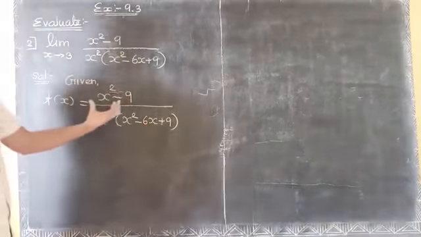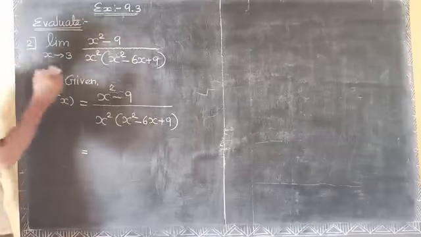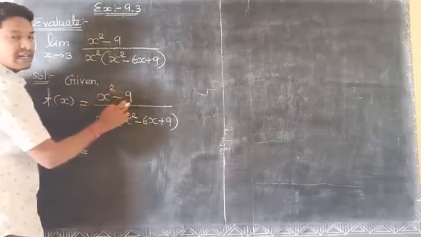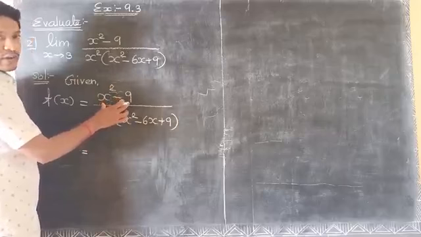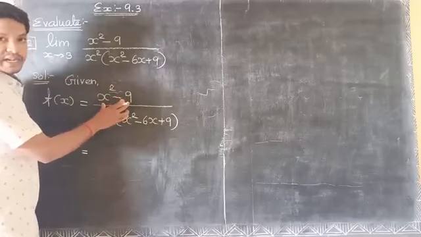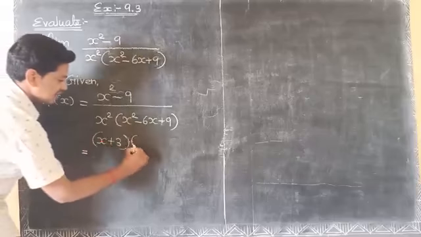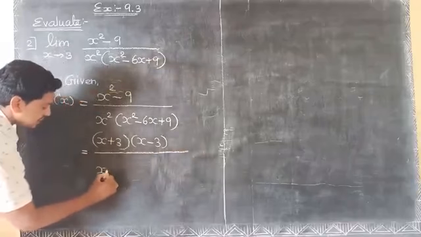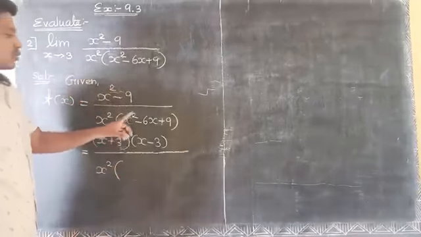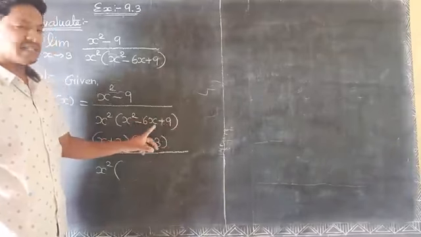We can simplify the given function. x square minus 9 can be written as x square minus 3 square, which has the structure a square minus b square, which can be written as a plus b into a minus b, that is x plus 3 into x minus 3. In the denominator, x square minus 6x plus 9 can be written as x minus 3 the whole square.